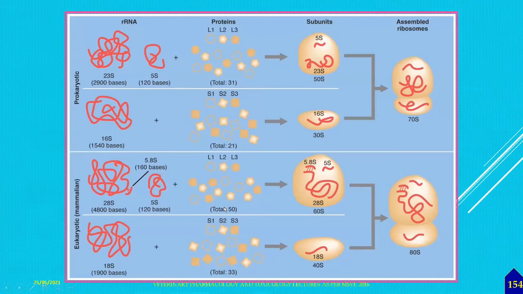Whereas the number of proteins is 50, and it consists of 5.8S and 5S, whereas the 28S and 60S ultimately are going to form the 80S, especially with this other subunit, which has 60S and 40S. So these are going to form the 80S subunit of the ribosomes. So you might have understood the difference between the eukaryotic and prokaryotic cells.